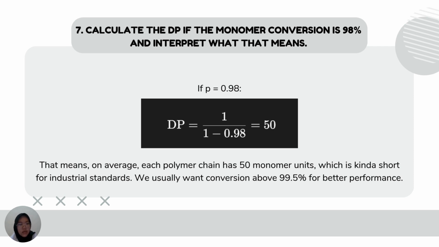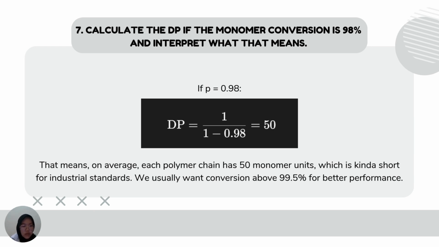Number 7. Calculate the DP if the monomer conversion is 98% and interpret what that means. So if p is 0.98, we can plug it into the formula, and the formula is DP equals 1 over 1 minus 0.98, and the result is 50.